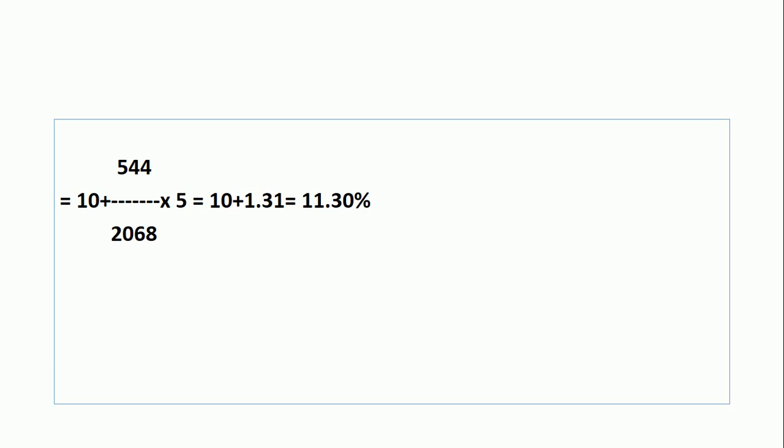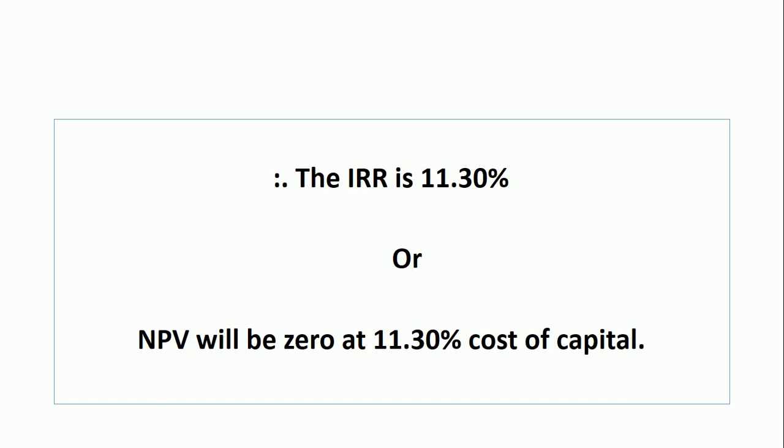That is equal to 10 plus 544 by 2,068 into 5, that is 10 plus 1.31, which is 11.30 or 11.3%. Therefore, IRR is 11.3%, or NPV will be 0 at 11.30% cost of capital. I hope that you can understand.